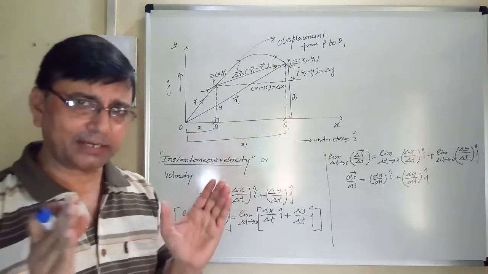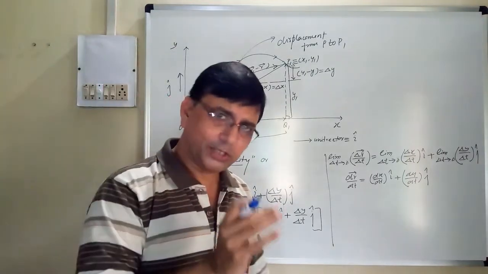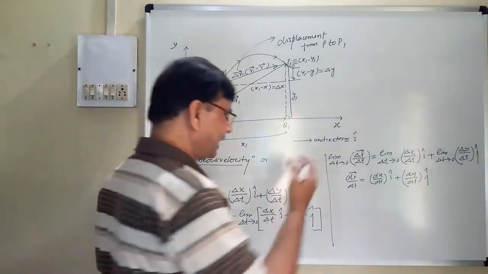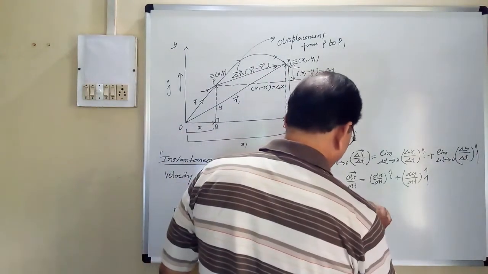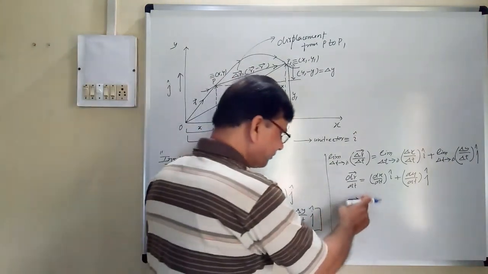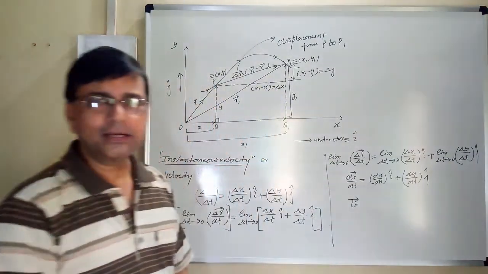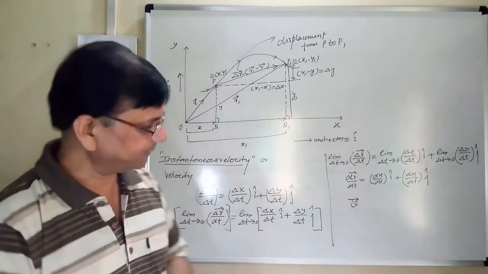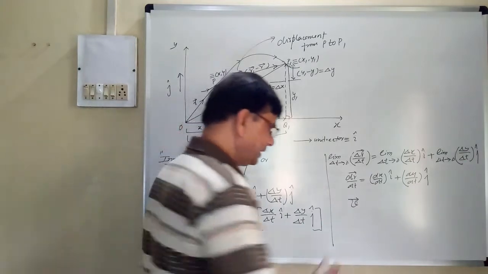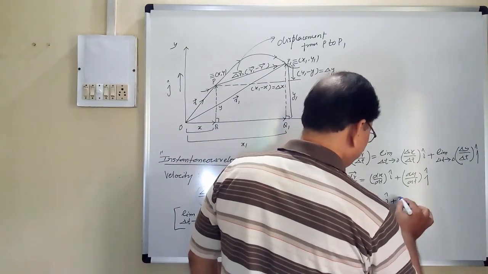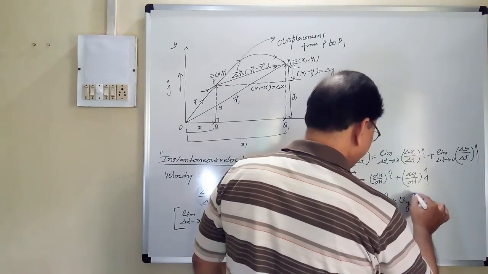Once we take delta t approaching 0, this is converted into instantaneous velocity, and it is simply denoted by v. In the previous case, I had put a bar over it. That was the indication that this velocity is the average velocity. Now the bar has been removed. Here it will be Vx i plus Vy j.